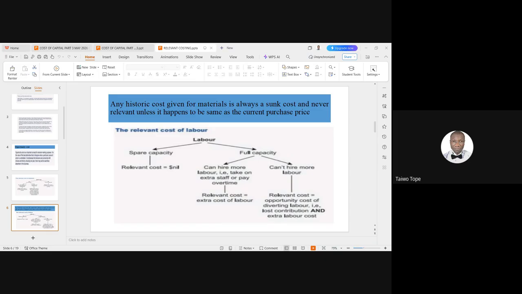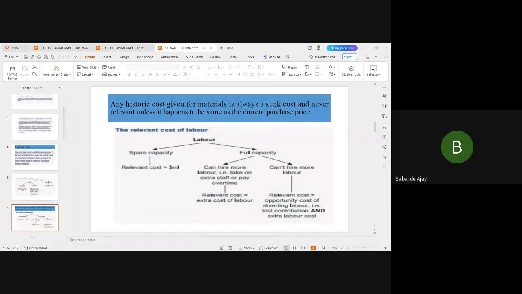And the opportunity cost will be the lost contribution. The lost contribution is what Department A is supposed to get, but they are not getting it. So the opportunity cost, the sacrifice Department A will have to make, is a relevant cost to the decision of the overall organization. I don't know if that is clear.